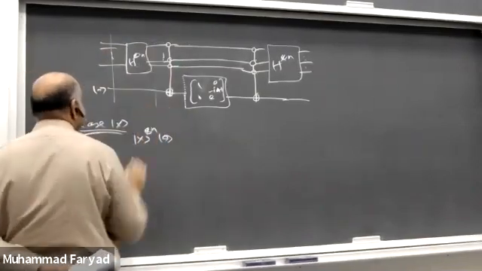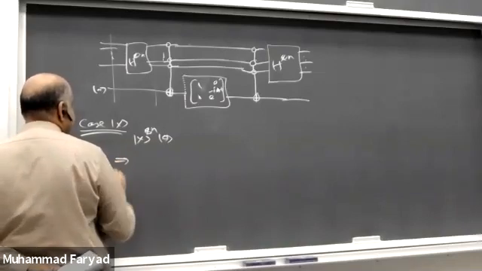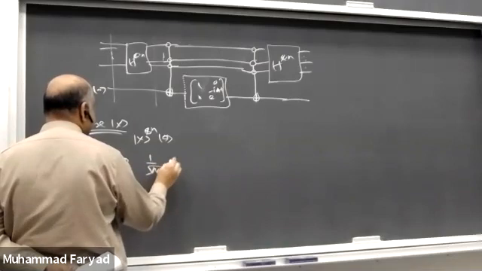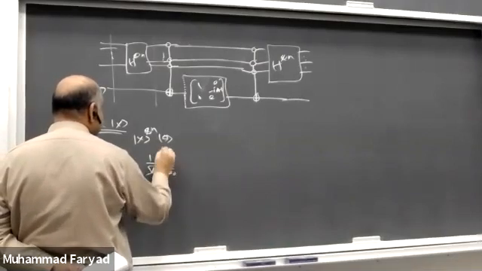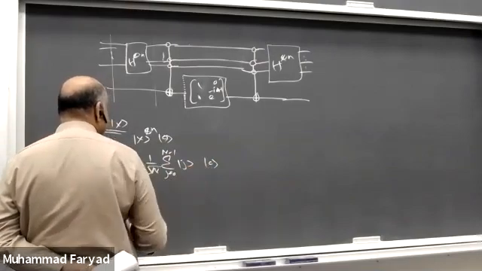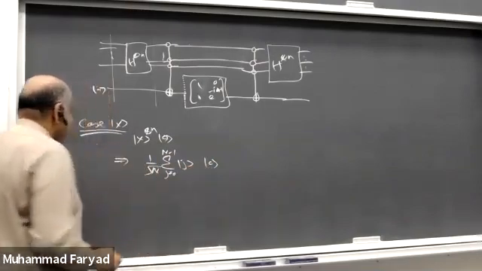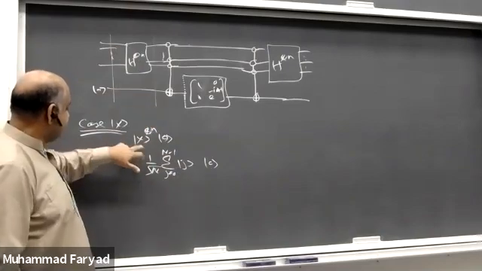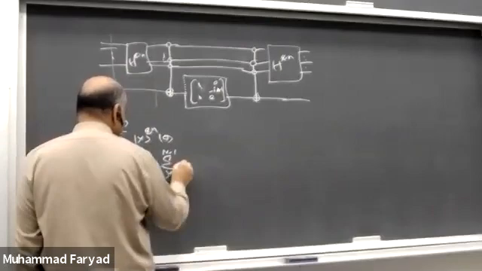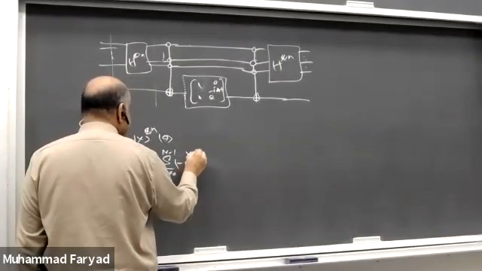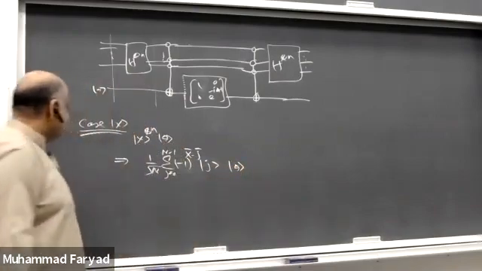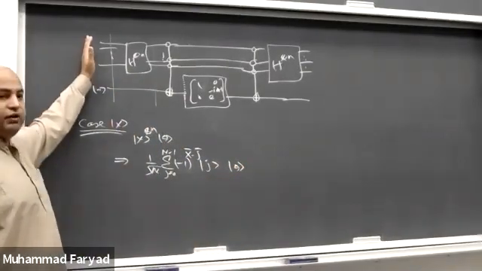Then over here, the input is 1 over square root n, sum over j going from 0 to n minus 1, of (-1)^(x·j) |j, 0>, because this is a Hadamard, and this is not a zero state, this is a general x state.